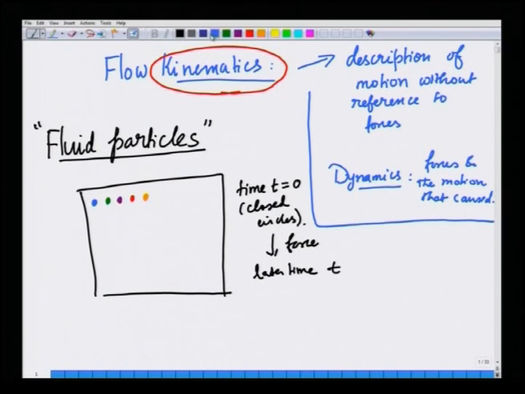At a later time t, all these points would move to some other positions, okay, in general. Okay. So, I am using open circles to denote the locations of these points at a later time. So, this point for example can move here, this point could have moved here, this point could have moved here, this point could have moved here, and this point could have moved here.